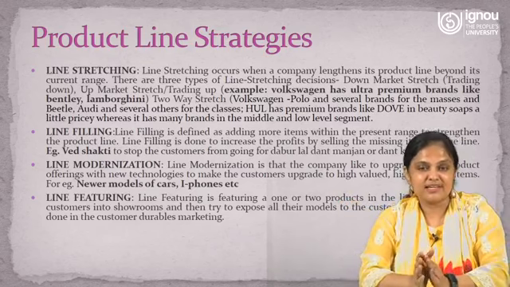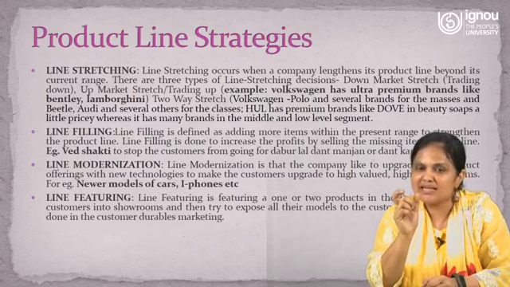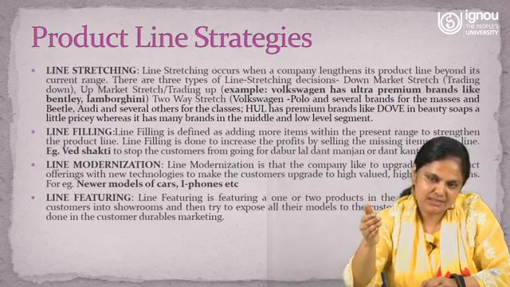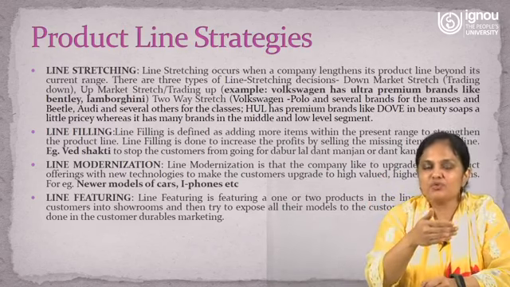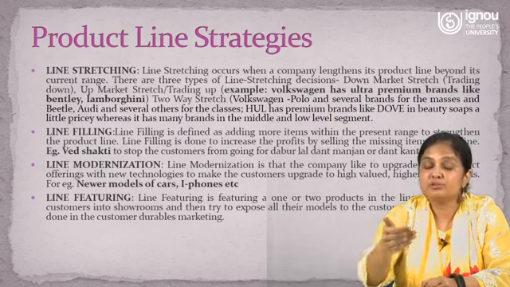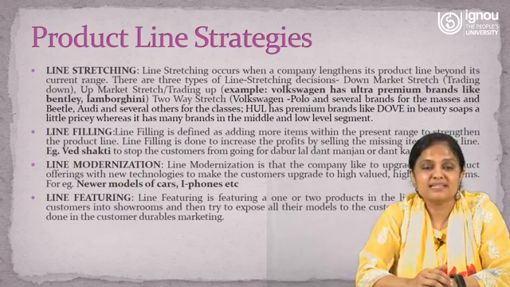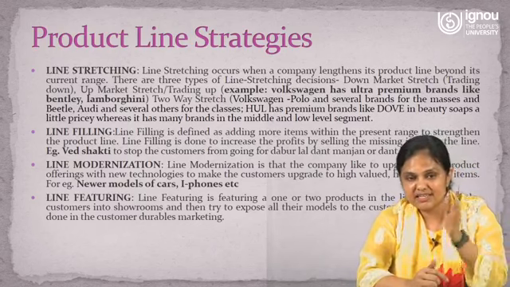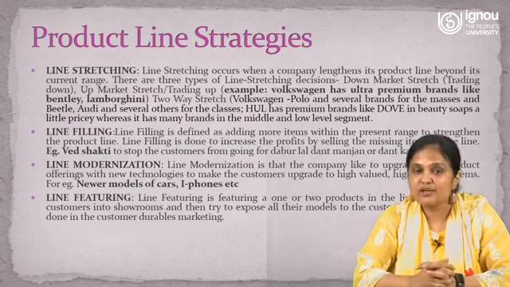In line featuring, the important trick is having a smart and skilled salesperson, because the moment the customers enter your store, the salespersons who are there to interact with them should be smart enough to understand and gauge what the customer is actually expecting. As we have seen discussed in different sessions, when we talk of customer expectations, there are two sorts of expectations.